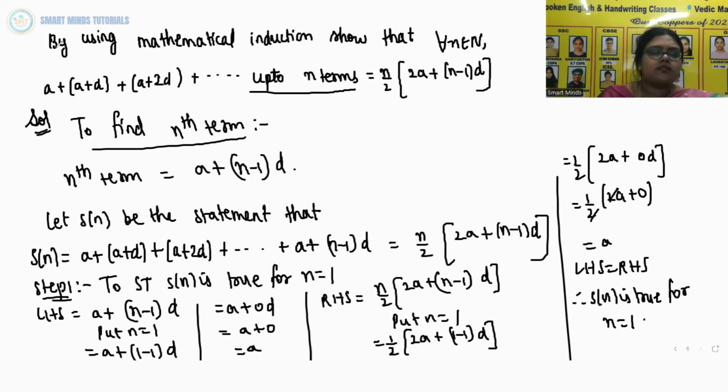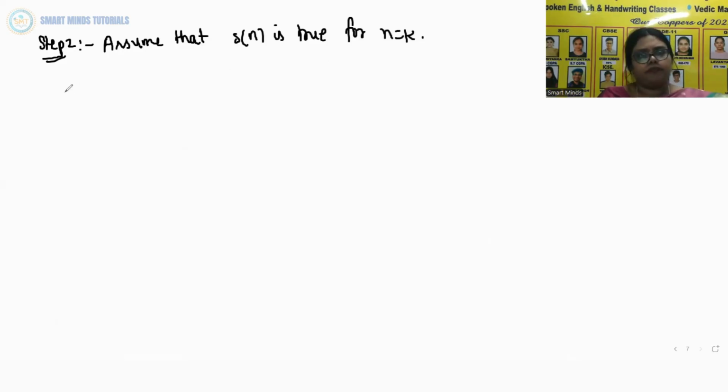Now we need to start step 2. So what is step 2? Assume that S(n) is true for n = k.